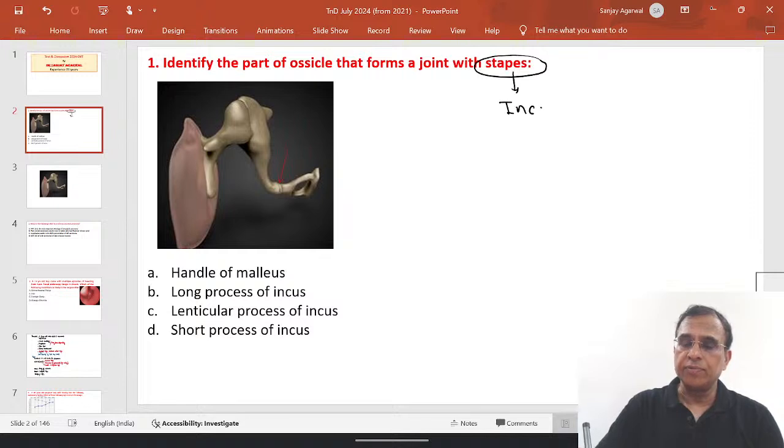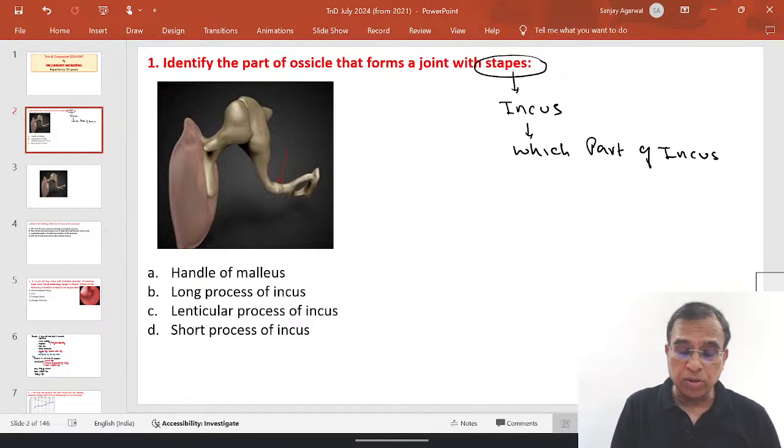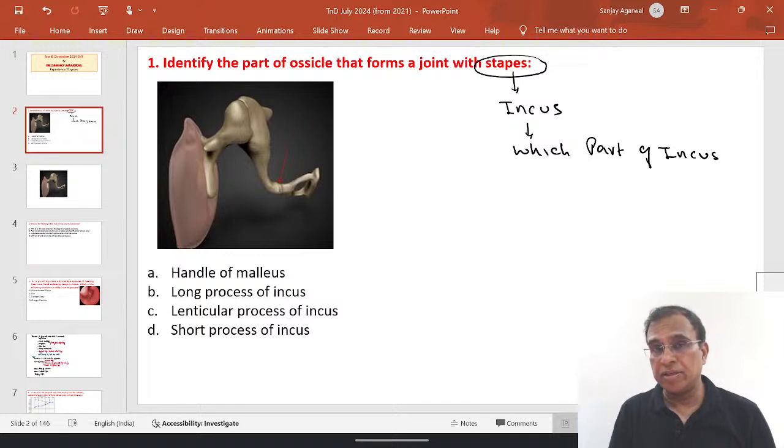Incus, right? So which part of the incus forms the joint with the stapes? That means even if you cannot identify the arrow mark structure on the image, if you know this theory, you can still answer the question.